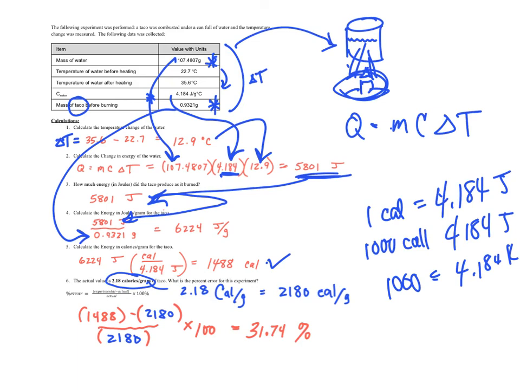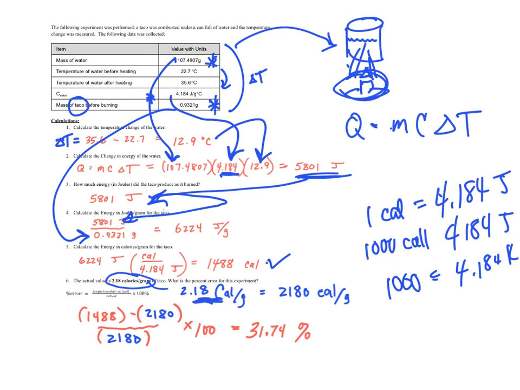All right, now there's actually a typo here in question 6. It should say 2.18 capital C calorie per gram, because they're talking about a food calorie. That's like a kilocalorie.